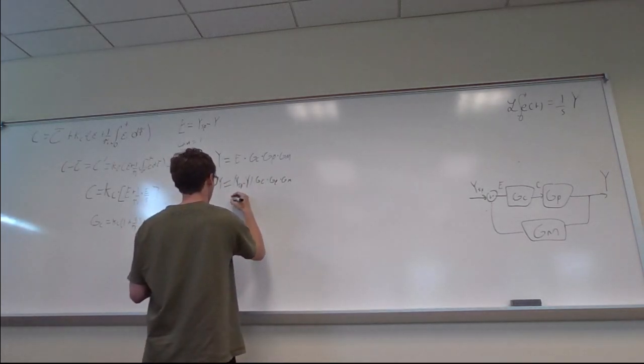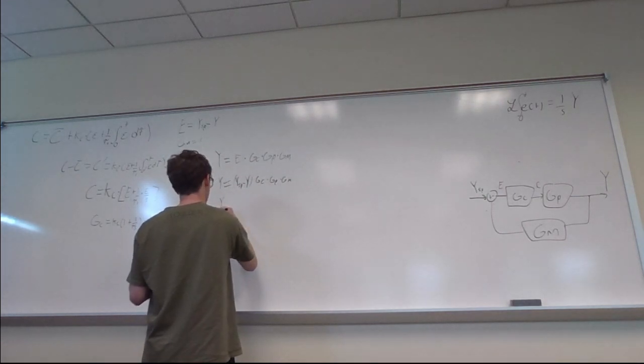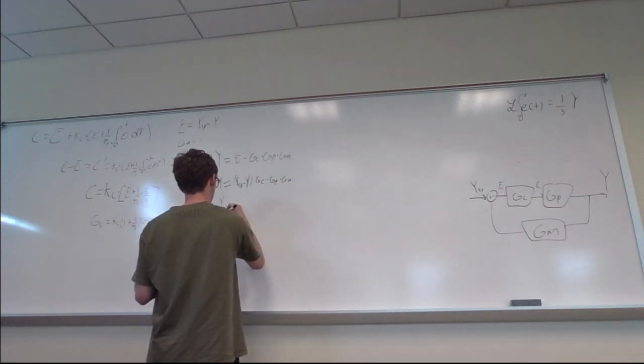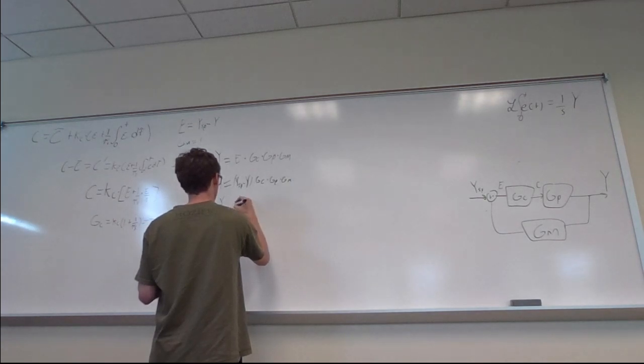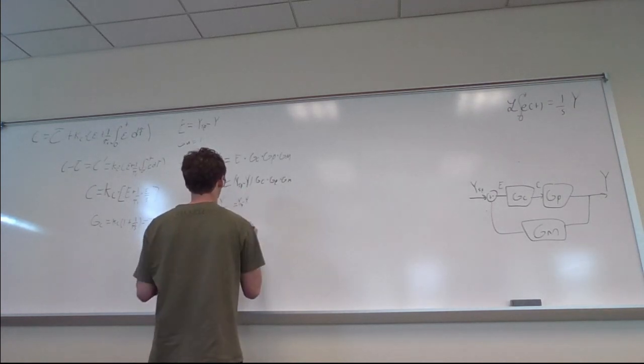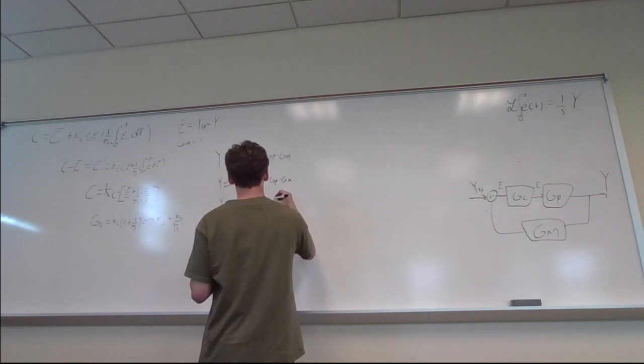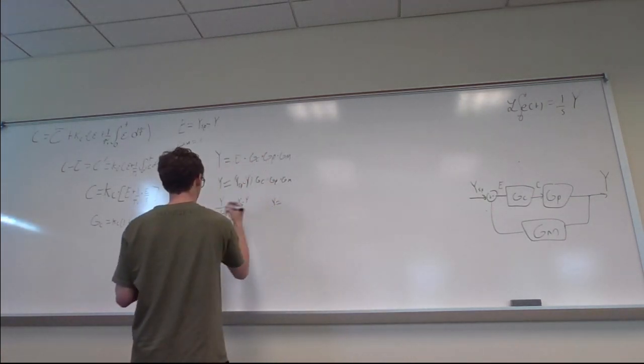Y over GC GP GM equals Y minus Y_SP minus Y. So then we're going to add that across, divide this over, so we end up getting Y equals, wait, let me do this, I can't do this in my head.